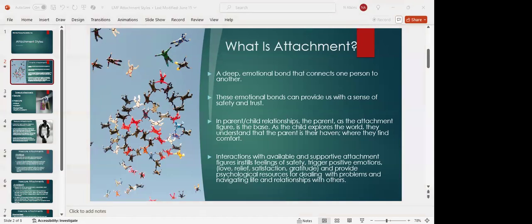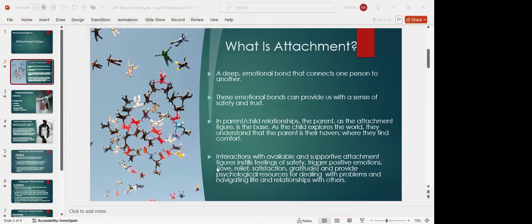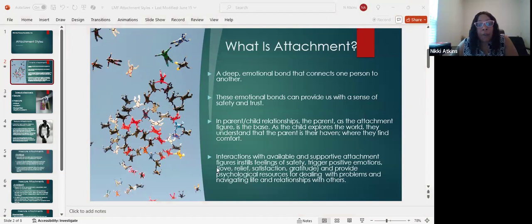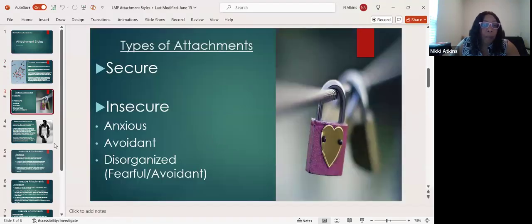And it talks about what attachment is. Okay, so you're seeing people free falling out of the sky? A deep emotional bond that connects one person. It's like 4 bullets. Do you see a purple lock now? No. Okay. I think I'm going to have to proceed without the show. I apologize.